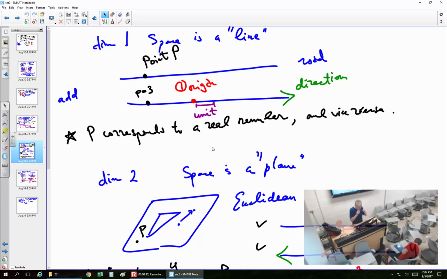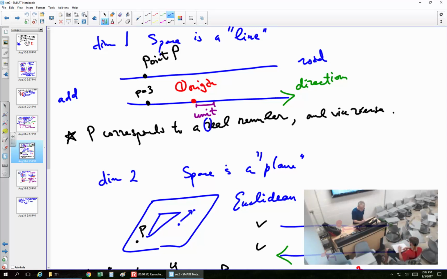But even now, after we introduce the Cartesian system, locations, points on the line correspond to real numbers each, and that is the reason for the notation that we're going to be using.